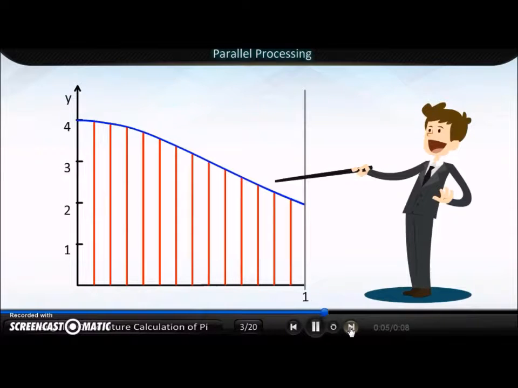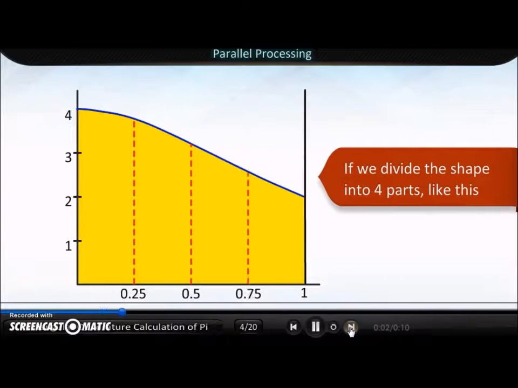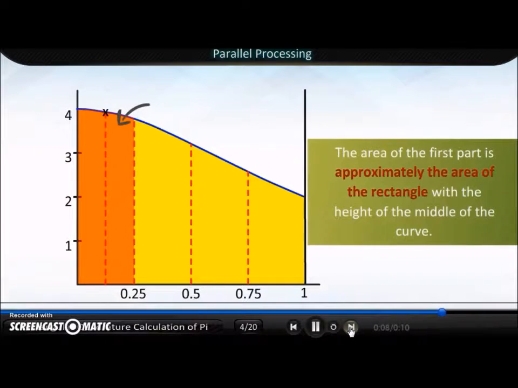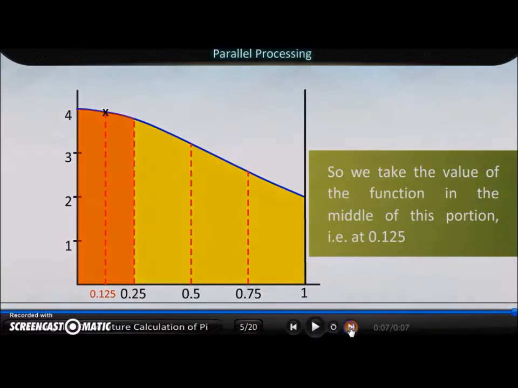Here is the portion that we would have to calculate the area for. If we divide the shape into 4 parts, like this, we take the value of the function in the middle of this portion, that is, at 0.125.